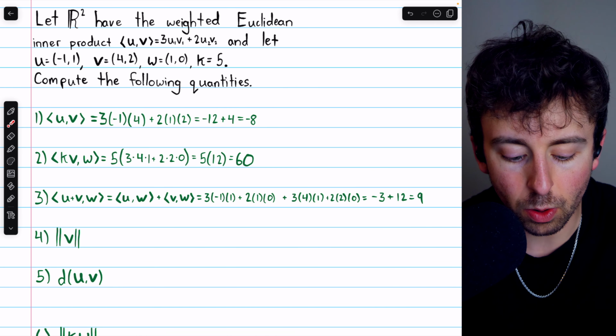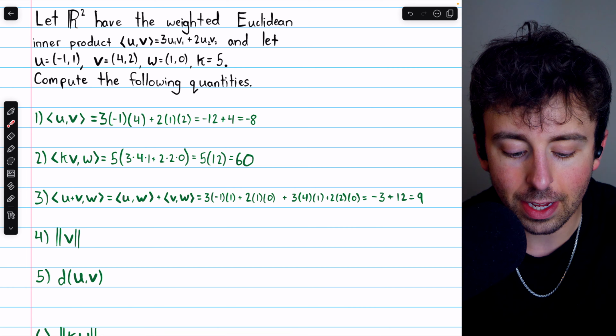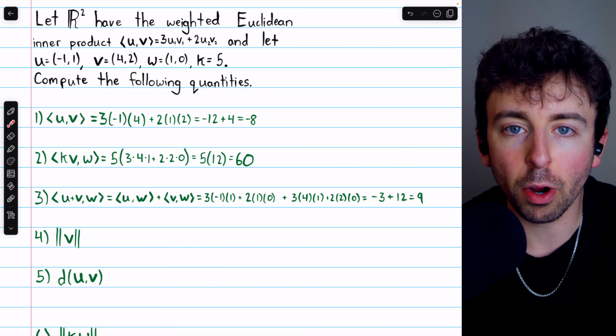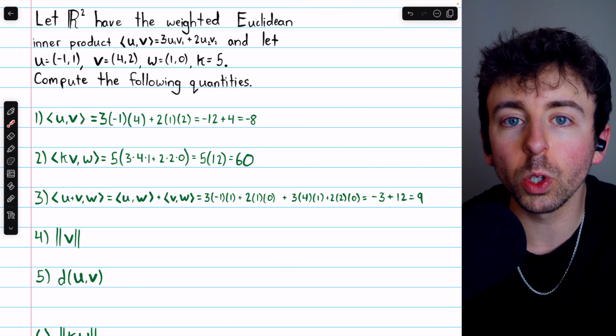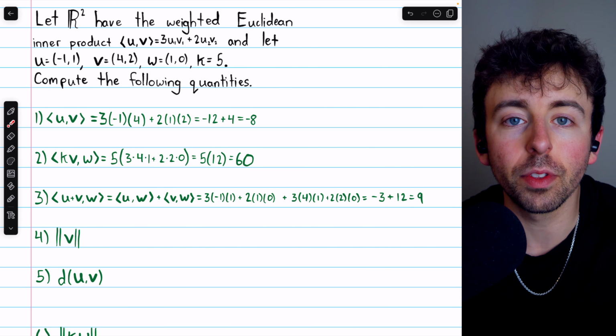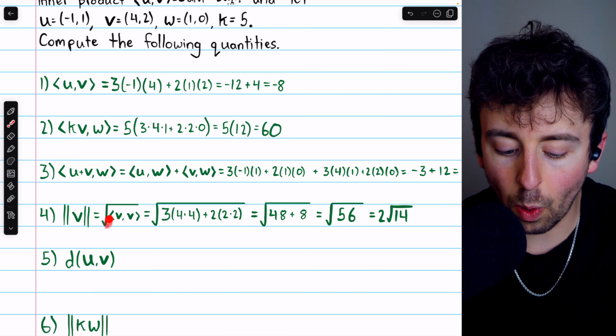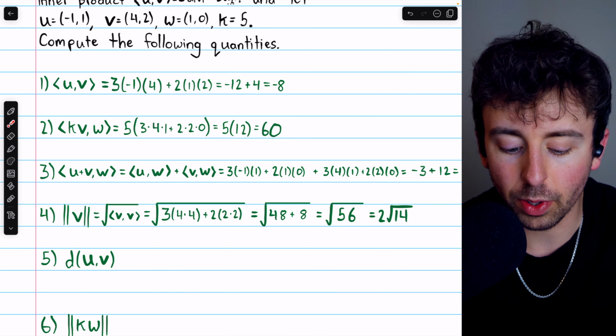Next, we're asked to compute the norm of the vector v. Recall that the norm of a vector in an inner product space is the square root of the inner product of the vector with itself. So that looks just like this, the square root of the inner product of v with itself.